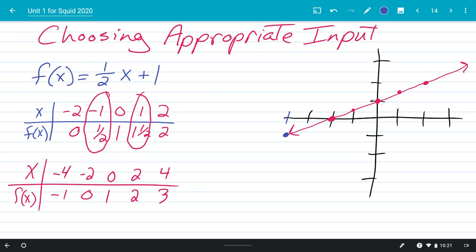Hey, there it is. -2, 0, 0, 1, 2, 2, and 4, 3. Look, it's the exact same line, isn't it? But I don't have any fractions in my inputs or outputs, do I? Or at least not in my outputs. Because I chose appropriate inputs.